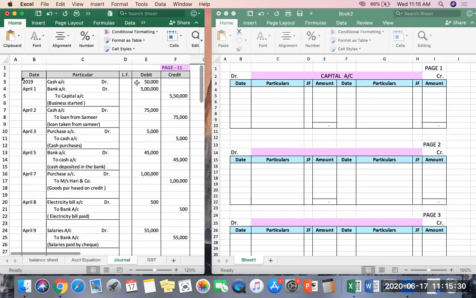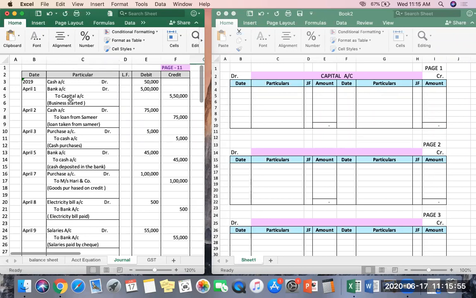So if we put those two entries here, that means the date, the side, and the amount you take from the account which you are going to write. Capital account, date, the side of the capital account is credit, and the amount is 5,50,000. But in particulars, when we write the name, we do not write the same.